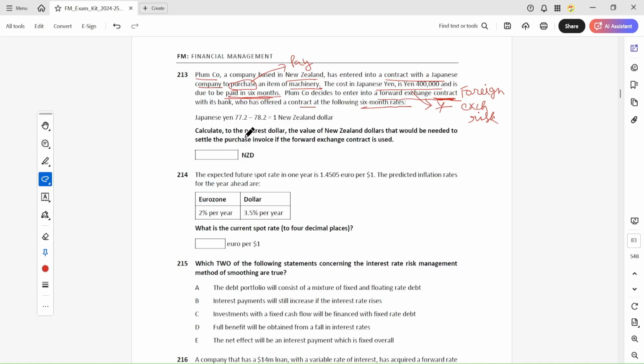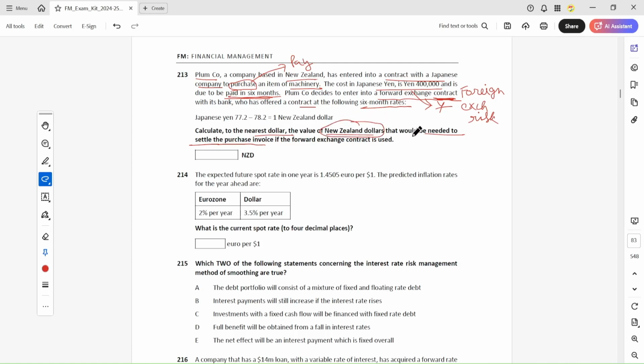Okay, so calculate to the nearest dollar the value of New Zealand dollar that would be needed to settle the purchase invoice if the forward exchange contract is used. How much New Zealand dollar do we need to pay?